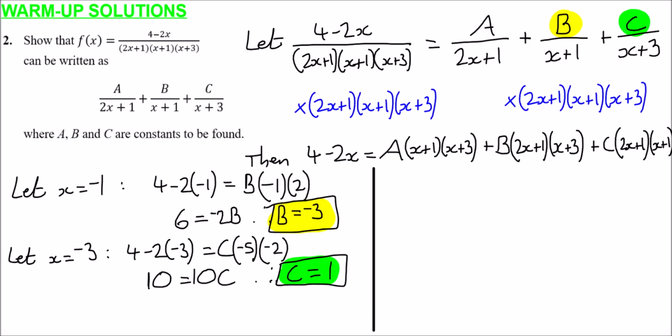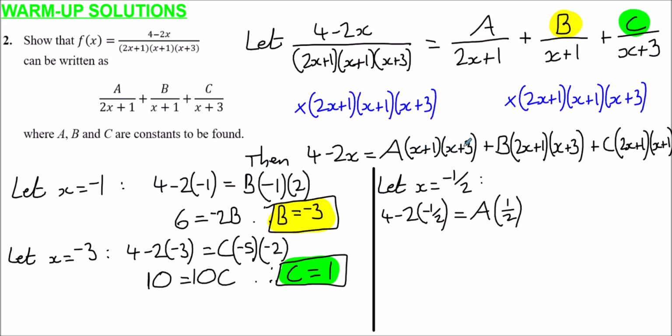So next, I can let x be negative a half. If I selected x to be negative a half, the c would cancel, the b would cancel, and I'd just be left with what a would have to be. So let's try that now. So next, let x equal minus a half. If I try that, I'm going to get 4 minus 2 lots of minus a half equals a. Minus a half plus 1 is a half.